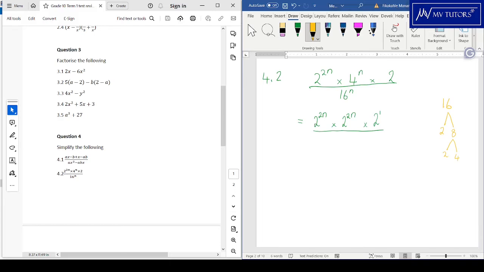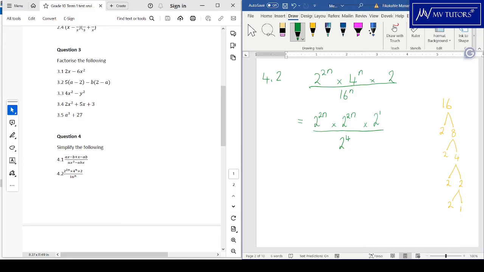Does 2 go into 4? Yes. So I write it down. 4 divided by 2 is 2. Does 2 go into 2? Yes. 2 divided by 2 is 1. So 16, I can rewrite it as 2 to the power 1, 2, 3, 4. This is the longer way of doing it. 2 to the power 4.